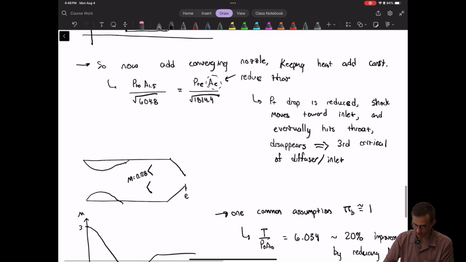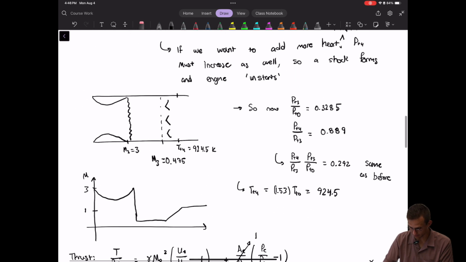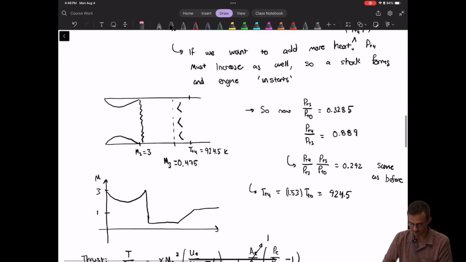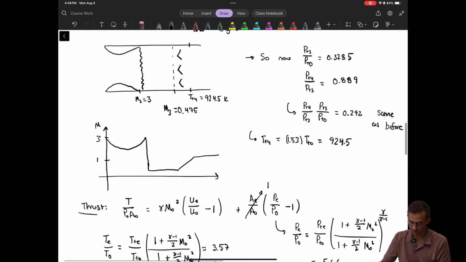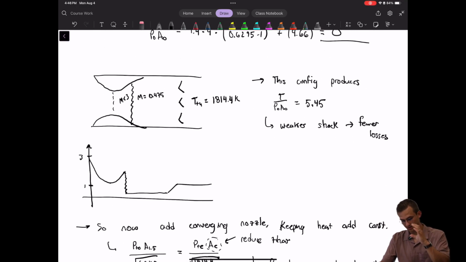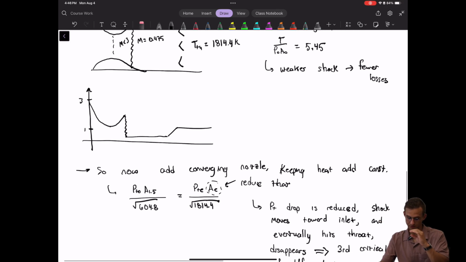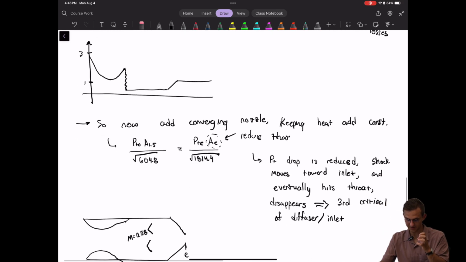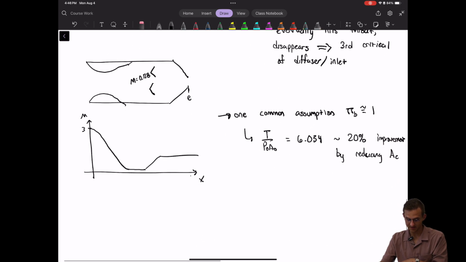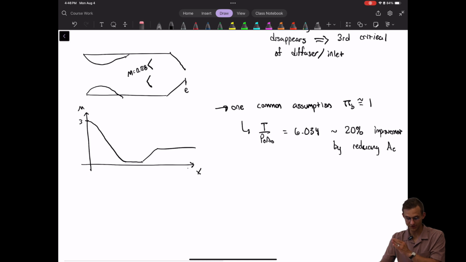Okay, so far we had this straight channel. We increased the heat addition until a shock appeared. Then we shrunk the area of our inlet to slow down the flow a little bit more, and then we added a converging nozzle at the exit that allowed us to move that shock all the way into the throat of the inlet where it disappeared.